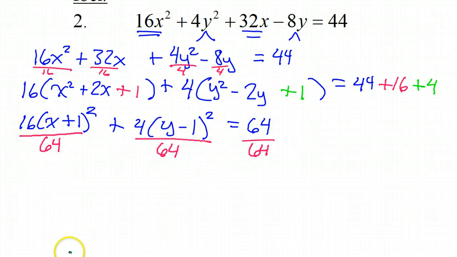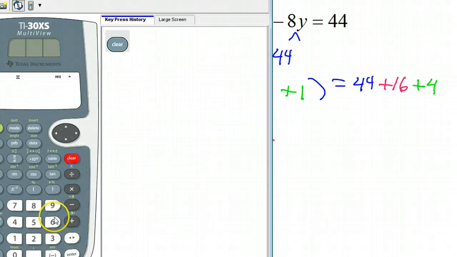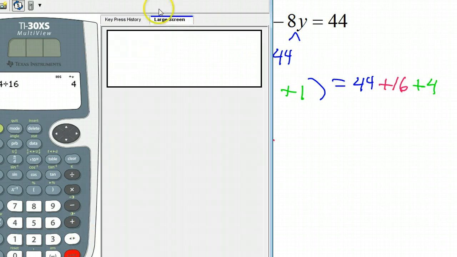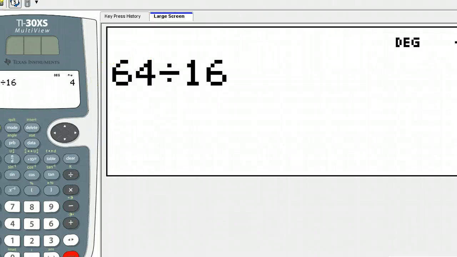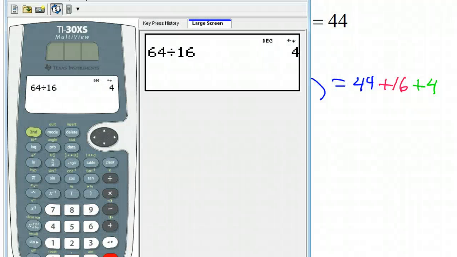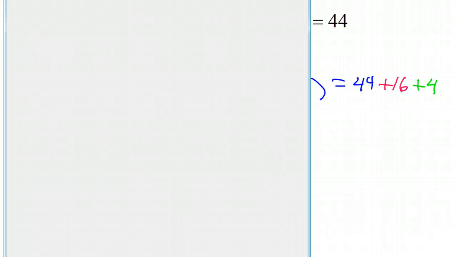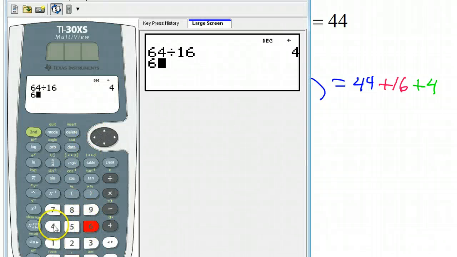Now let's see, 16 into 64. 64 divided by 16. Okay, 16 goes into 64 4 times. So if I reduce this fraction, this is going to become a 4. How many times does 4 go into 64? 16 times, of course.